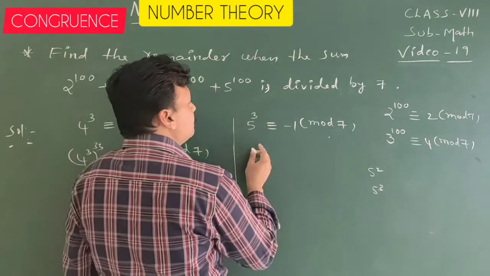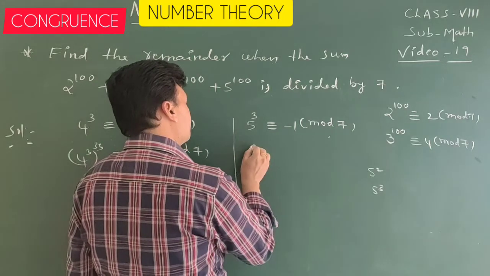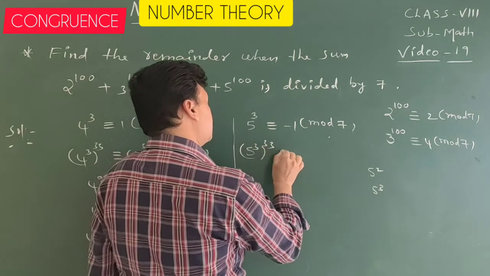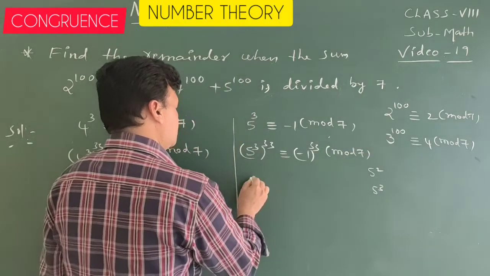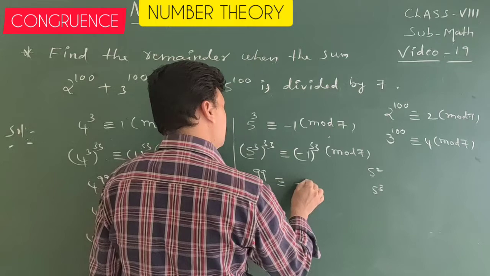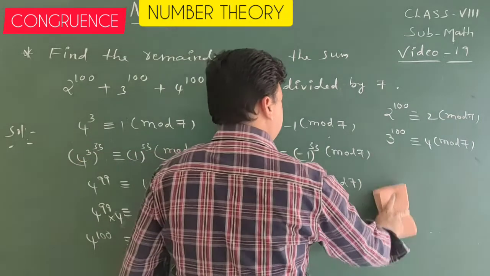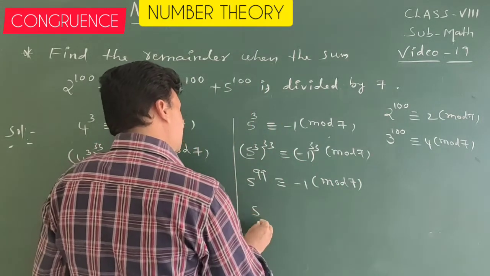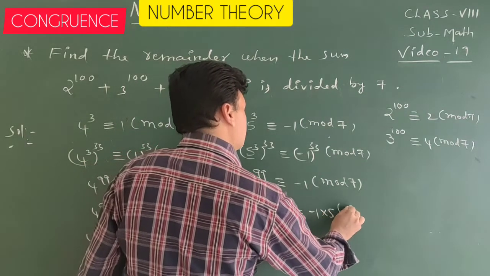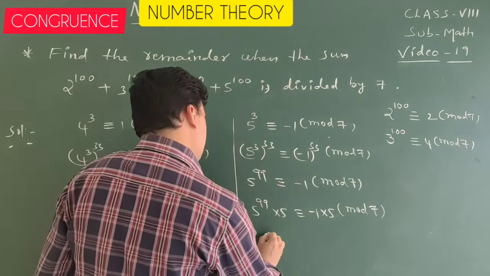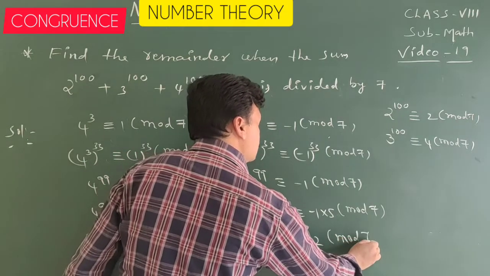So here 5 cube is congruent to minus 1 to the mod 7. Okay, 5 cube whole power 33 is congruent to minus 1 power 33 to the mod 7. So here 5 power 99 is congruent to minus 1 to the mod 7. So 5 power 99 into 5 is congruent to minus 1 into 5 to the mod 7. So here 5 power 100 is congruent to minus 5, that is 2, to the mod 7.